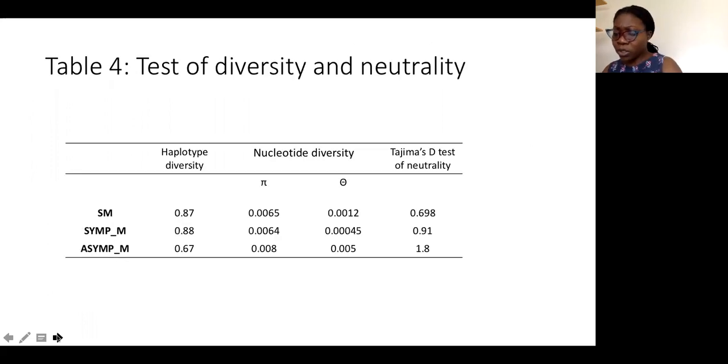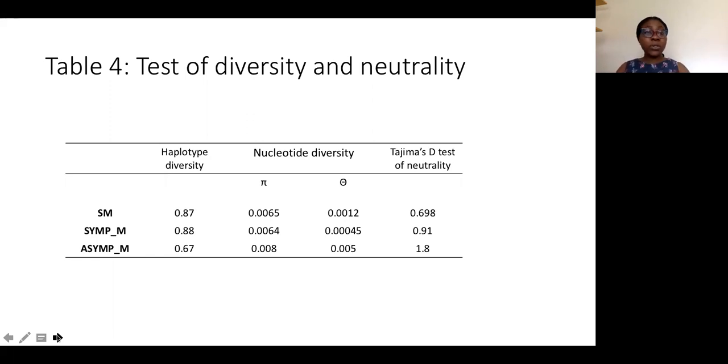We also tried to understand the association between what we call haplotypes and the malaria clinical outcomes. So haplotypes just talks about groups of these genes that look similar and how they relate to the malaria outcome.